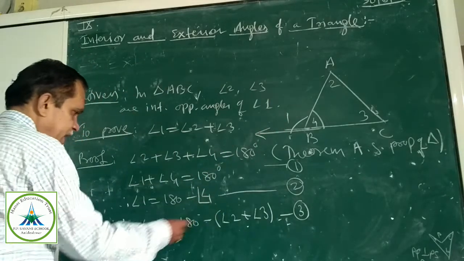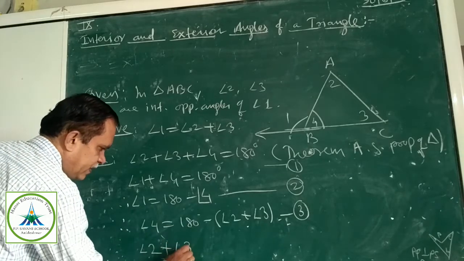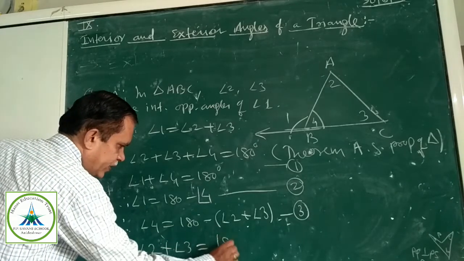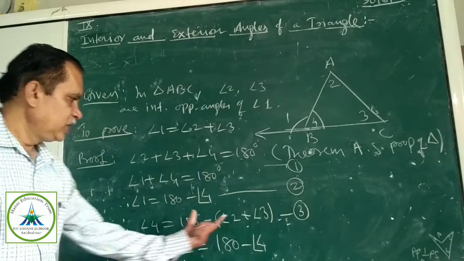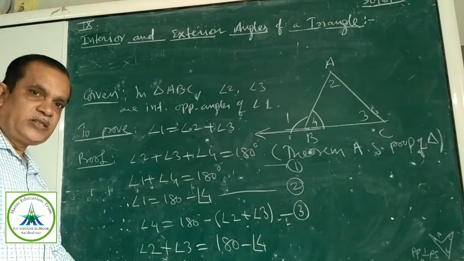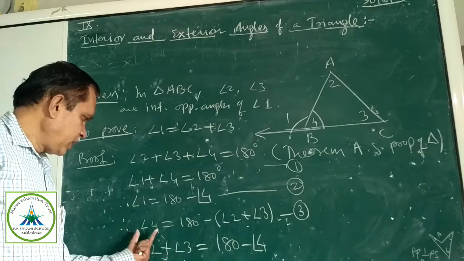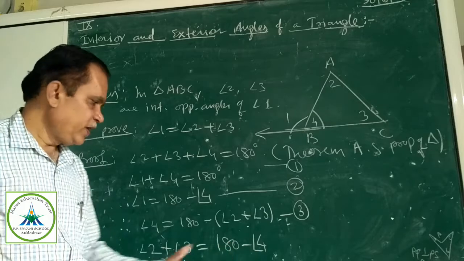See, from 3 I am writing, look here, angle 2 plus angle 3 equal to 180 minus angle 4. Yes or no? See, minus 2 plus 3 is coming this side, so it becomes plus. So angle 4 is transferred this side, so it becomes minus. Right?